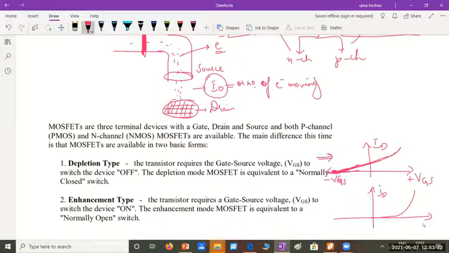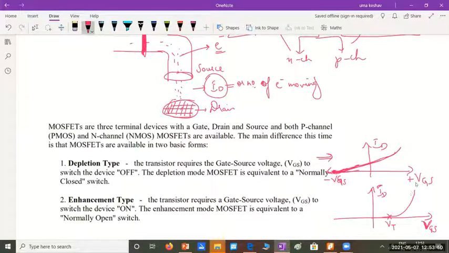ID versus VGS. Remember, the output current is the drain current, and the input voltage is the gate source voltage. Only when the gate source voltage exceeds the threshold voltage does this enhancement MOSFET turn on.